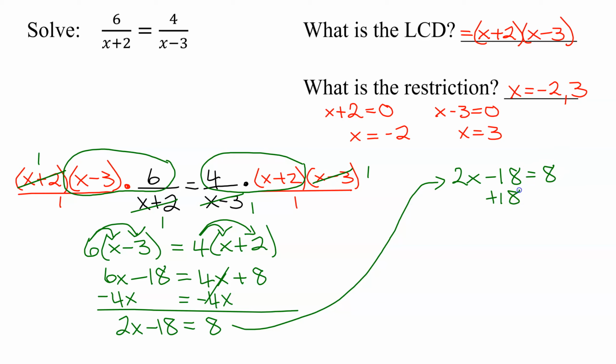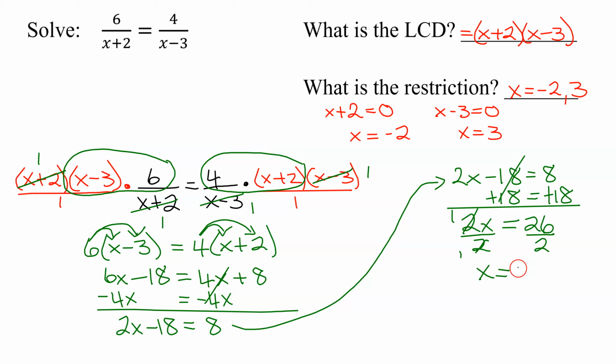I need to add 18 to both sides. So I get 2x, the negative 18 plus 18 adds to 0 equals 8 plus 18 is 26. Last step, divide both sides by 2. And so I get left with x equals 26 divided by 2 is 13.